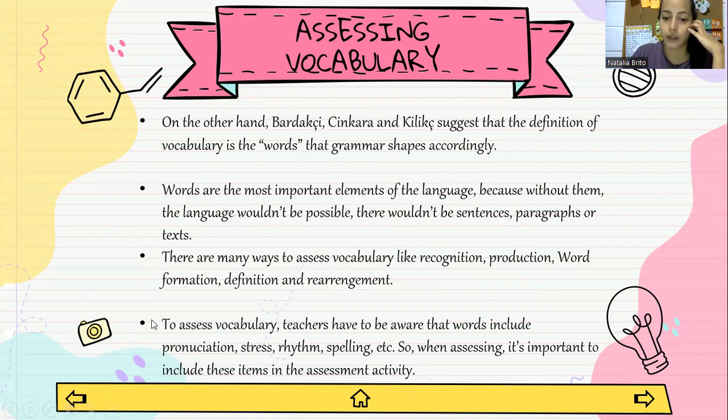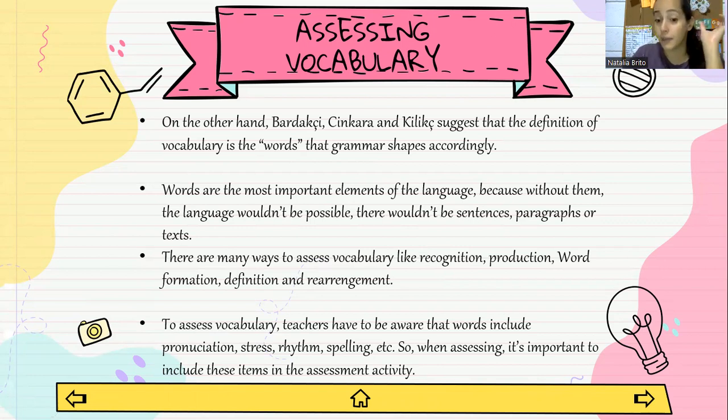And finally, I have here a little tip, a little note to take into consideration. To assess vocabulary, teachers have to be aware that words include pronunciation, stress, rhythm, spelling, etc. Okay, so there are many things that we have to be aware of before we assess vocabulary.